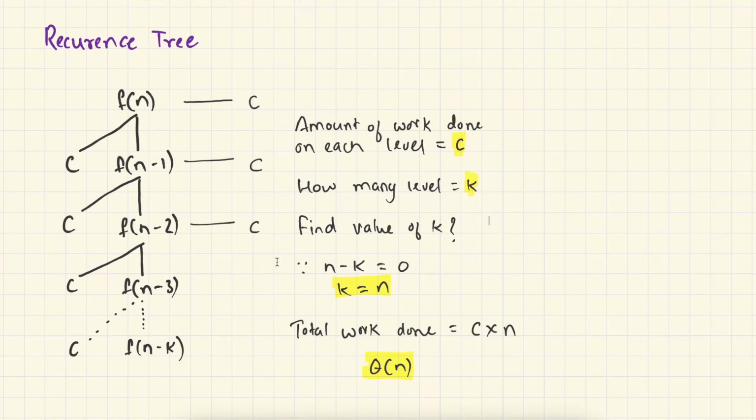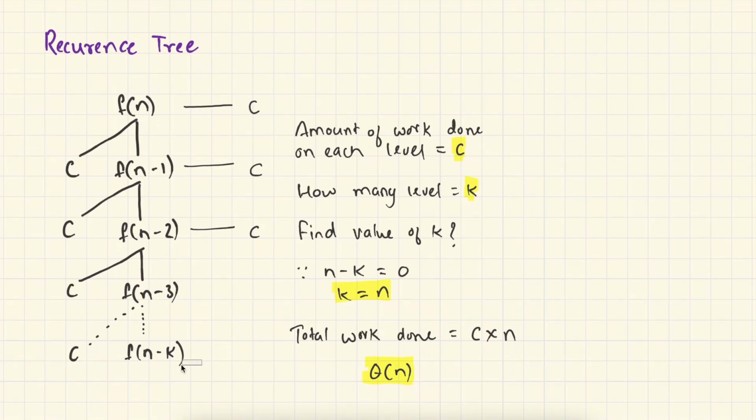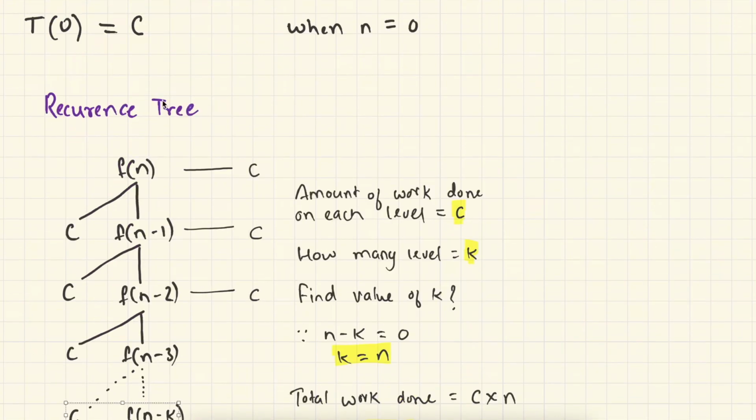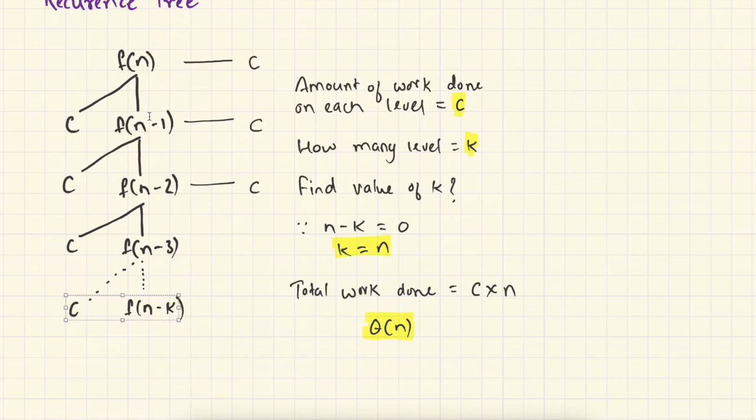Now understand this. If we call this function, and it calls recursively every time by reducing n by 1, we reach a level where n becomes n-k, right? If you look at this carefully, this is our stopping condition. Let me show you in the code. See, this is our stopping condition when n becomes 0. Obviously when we reduce n by 1 every time, there is a point when n becomes 0.